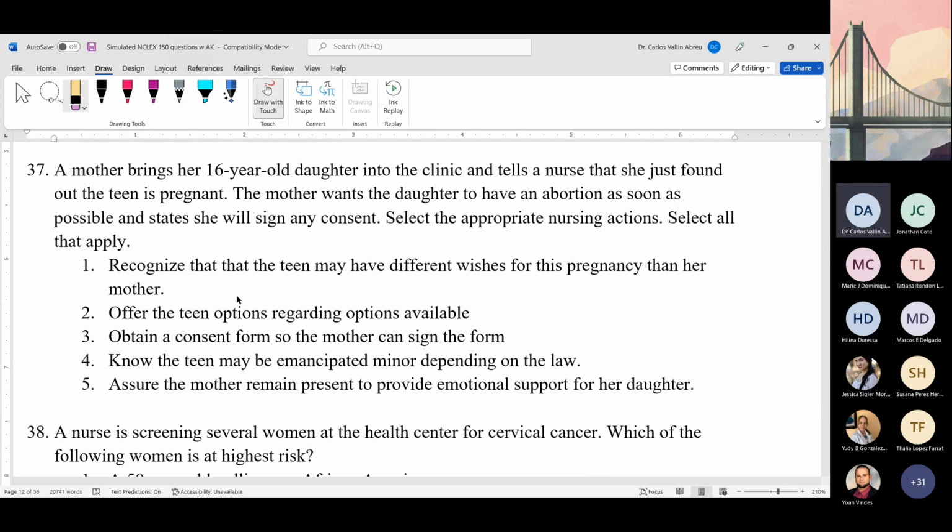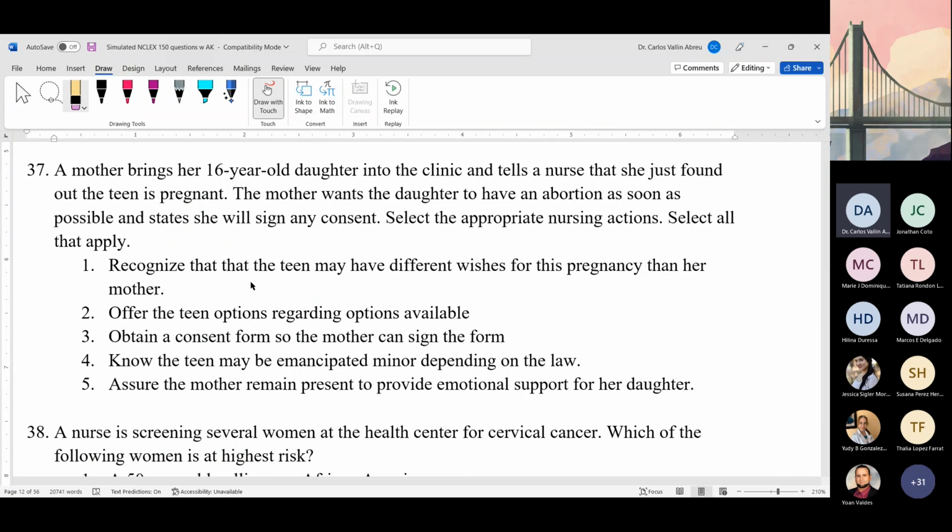A mother brings her 16-year-old daughter into the clinic and tells the nurse that she just found out the teen is pregnant. The mother wants the daughter to have an abortion as soon as possible and states she will sign any consent.